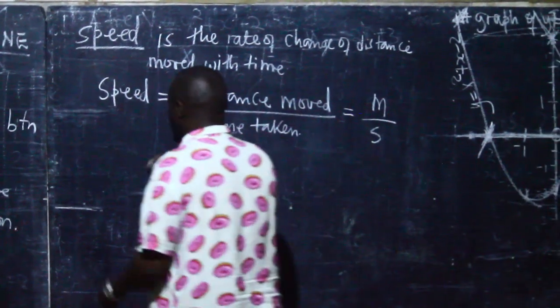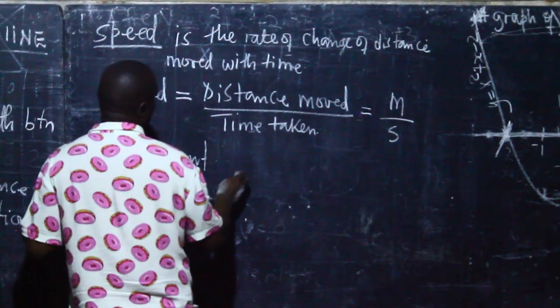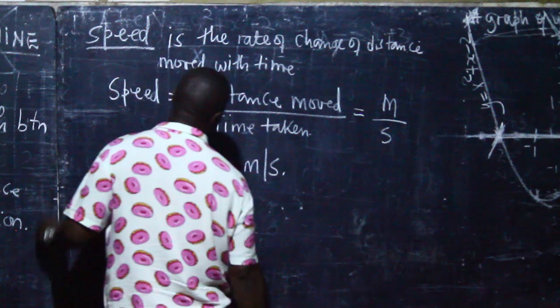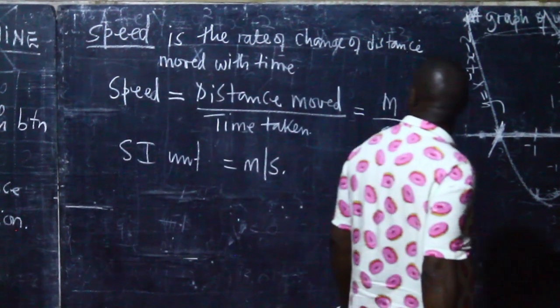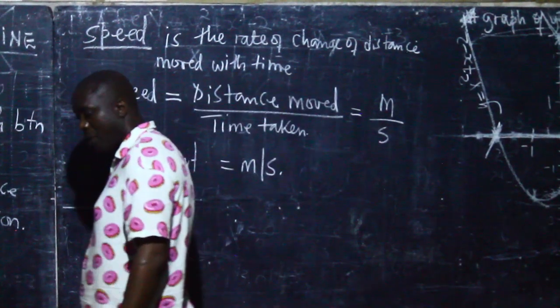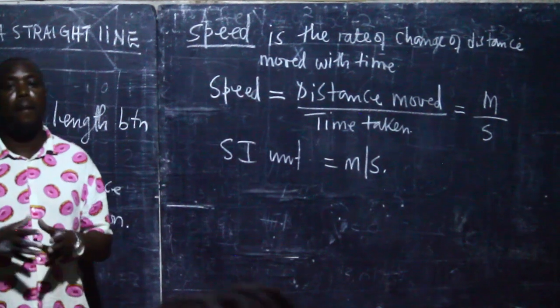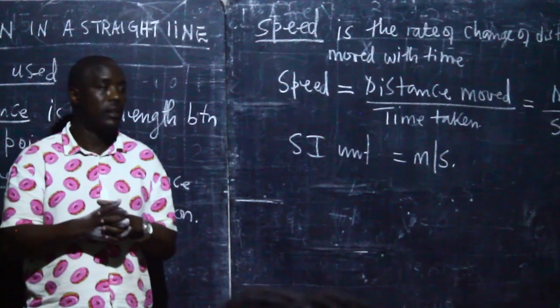Therefore, the SI unit is meters per second. But you can use other units as well, such as kilometer per hour. Is that clear?